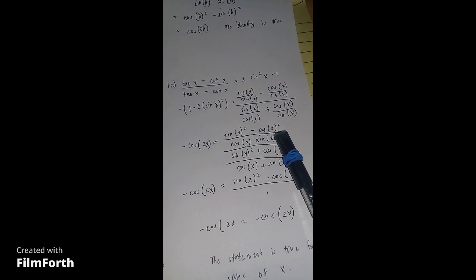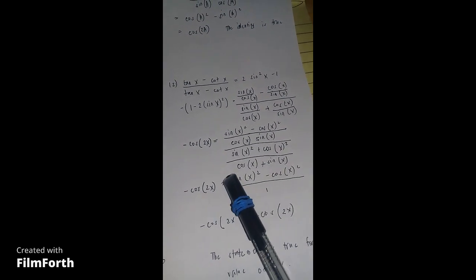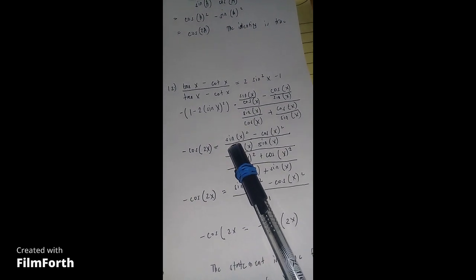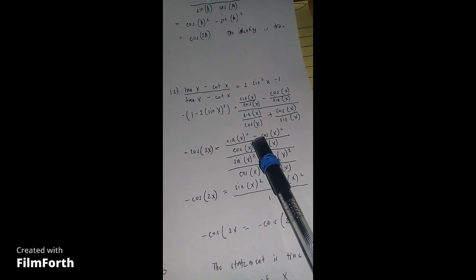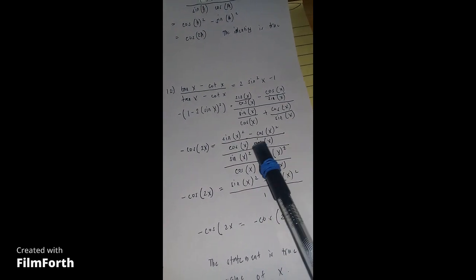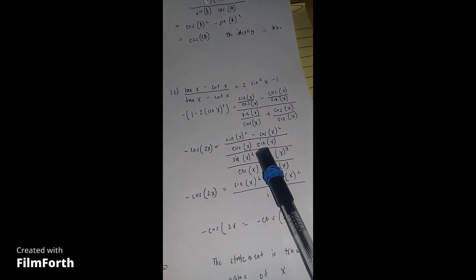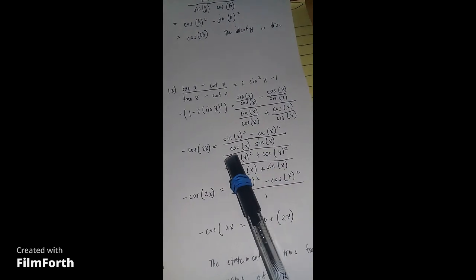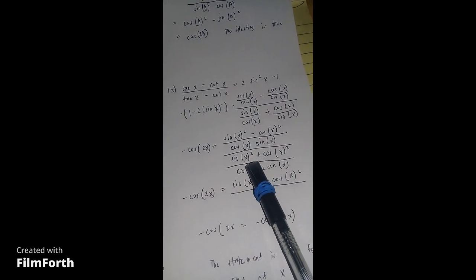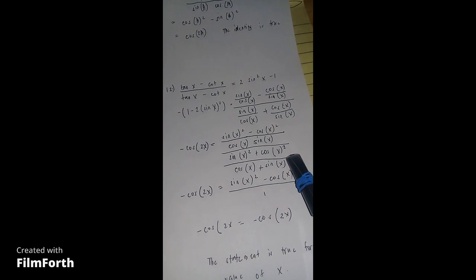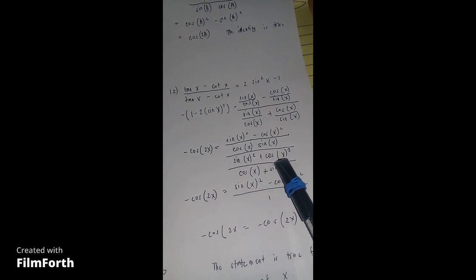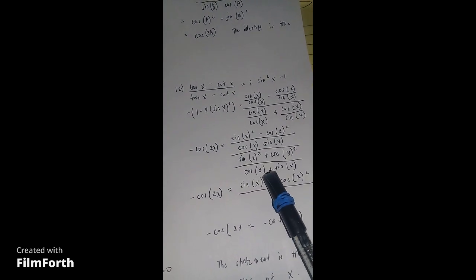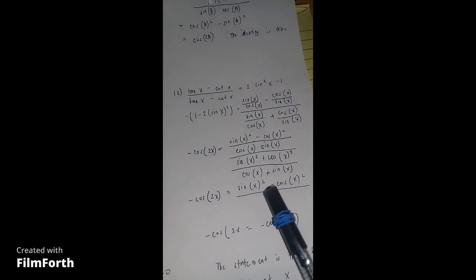So we have sine x squared minus cos x squared over cos x sine x over sine x squared plus cos x squared over cos x plus sine x.